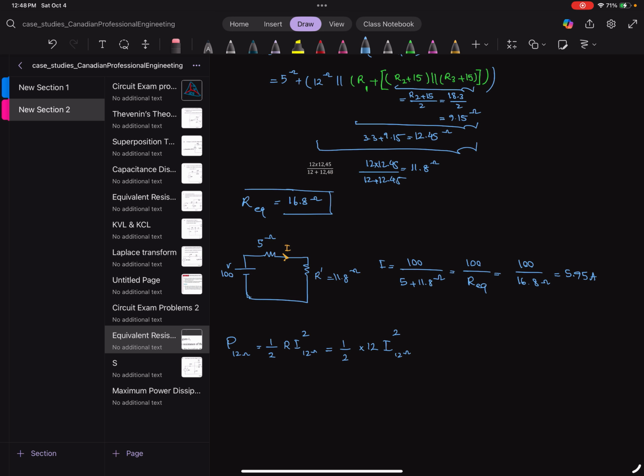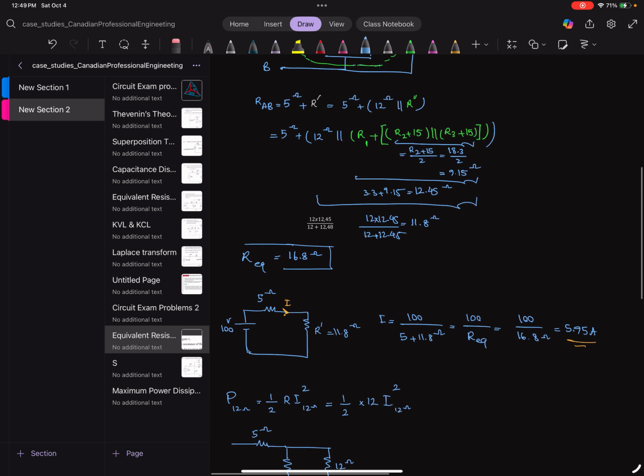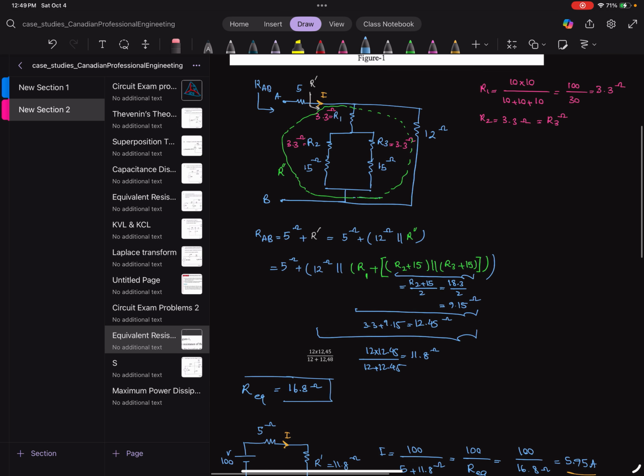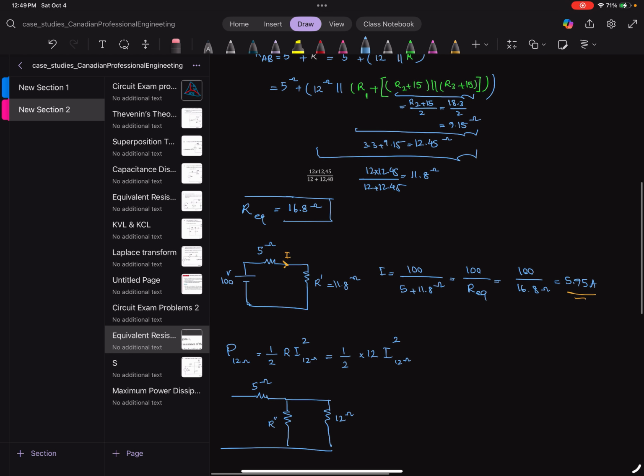We know the total I is about 5.95, but if you remember, we had a 5 ohm here, we had a 12 ohm here, and here we had what we called R double prime. And then this is our I.